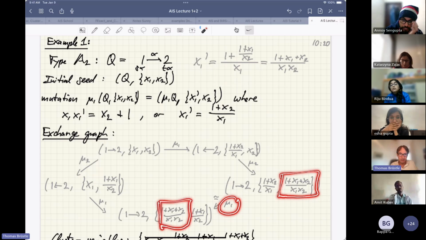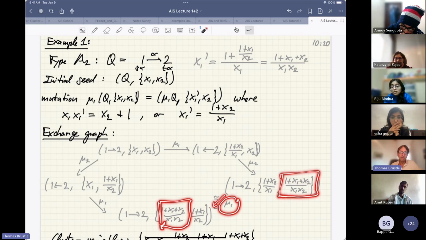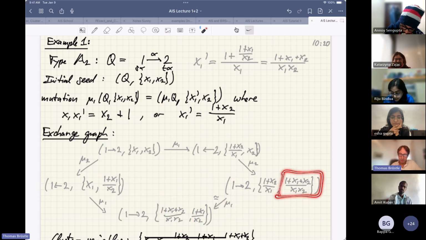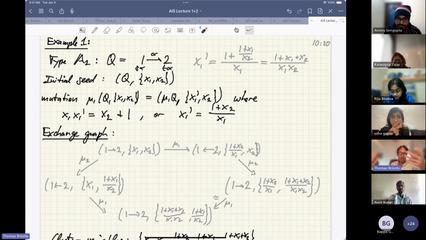Sorry, there will be some isomorphism applied. I do not keep the order. So when I close this exchange graph, I need to allow for some isomorphism taking place. You see the variable which was in position 2 here will end up in position 1 here. I make some flip. But we do consider those seeds up to isomorphism, up to reordering, okay?